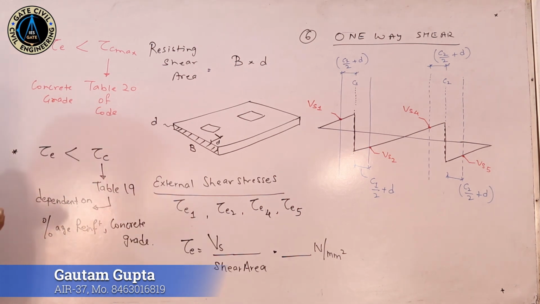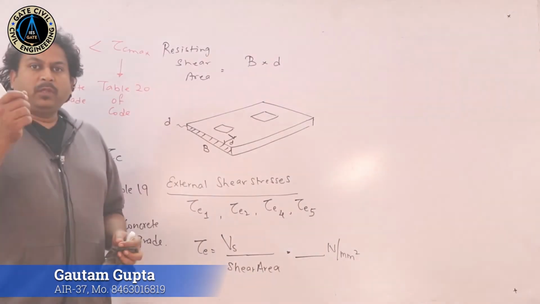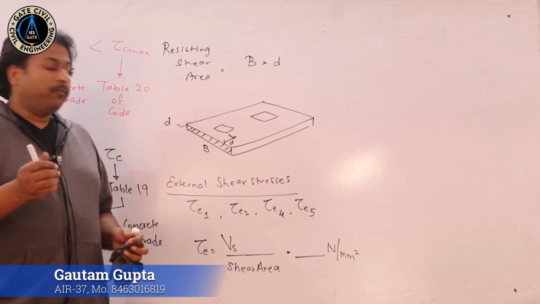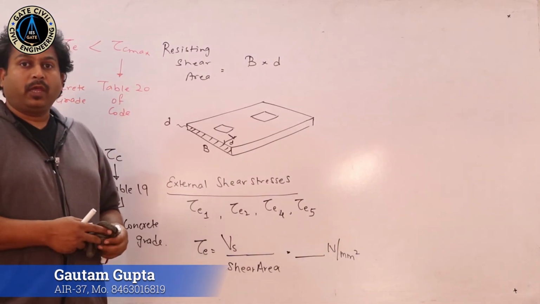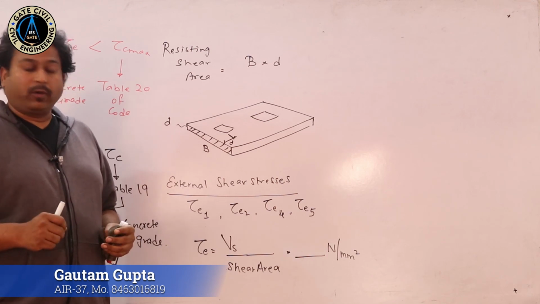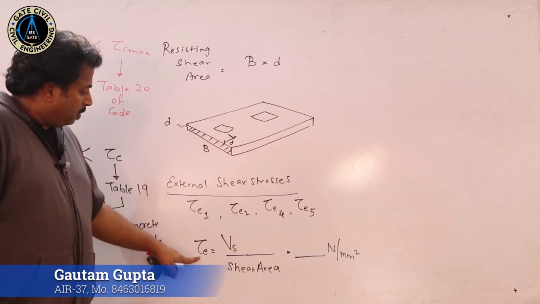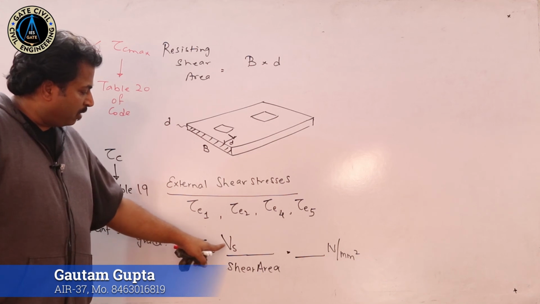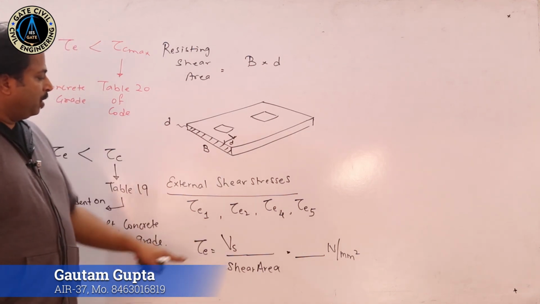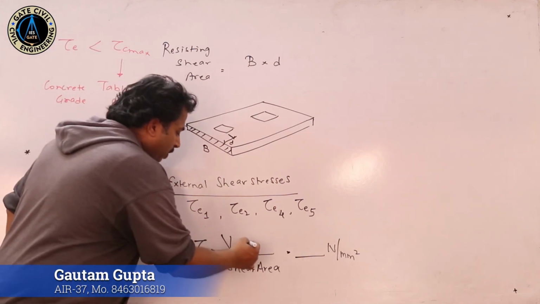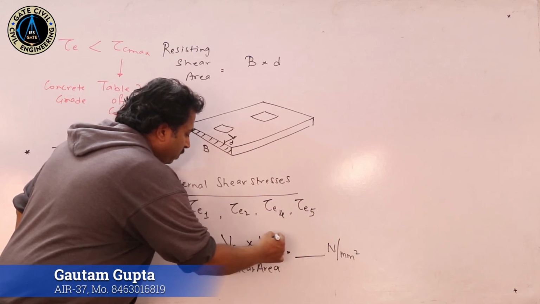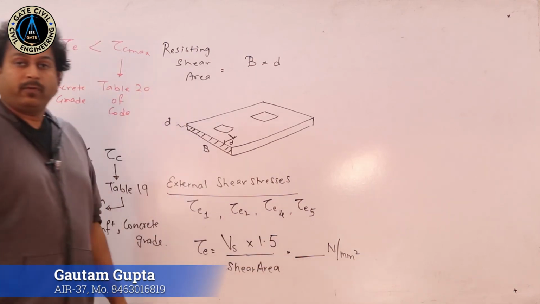If any of the checks is failing, then the option is either to increase the depth or to increase the steel reinforcement. There is a factor I have mistakenly not written. Okay, I'm just including that particular load factor also. For tau E, when we are calculating Vs upon shear area, this Vs value should also be multiplied with a factor of 1.5.